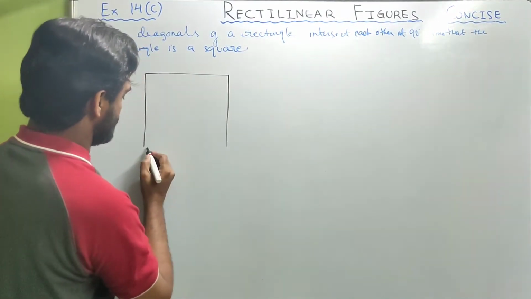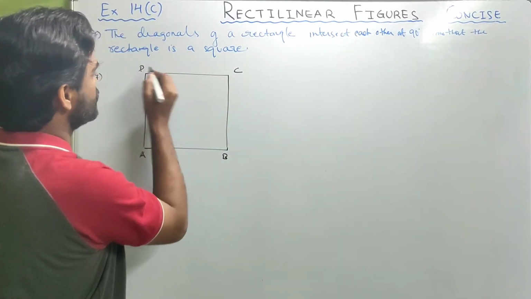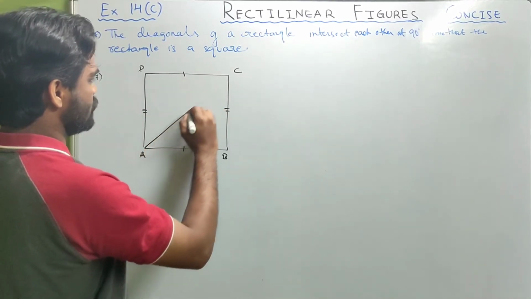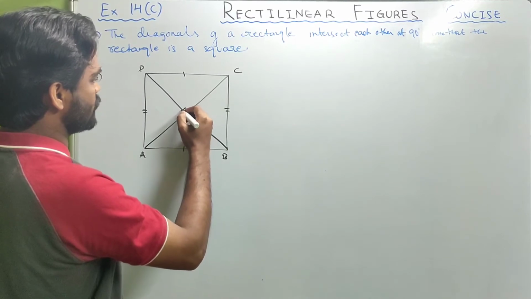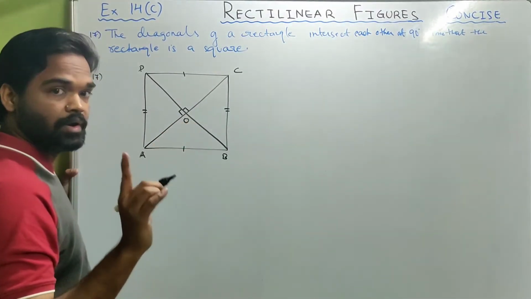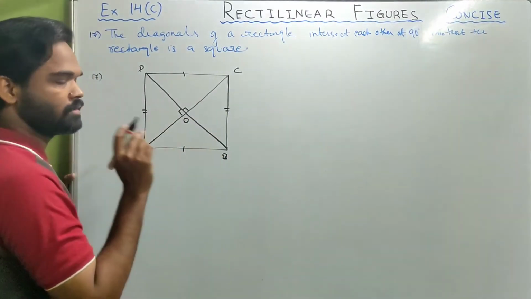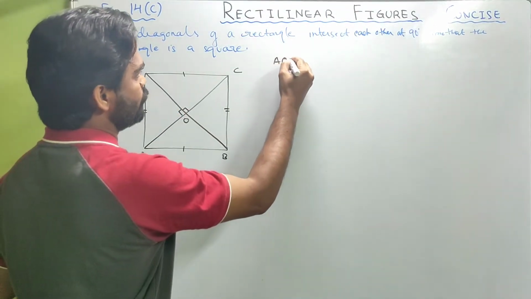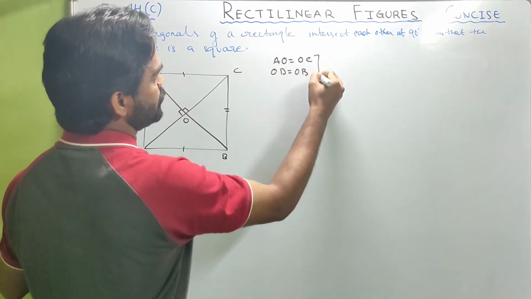They have given that in this rectangle, suppose ABCD, of course, these sides are equal. The diagonals intersect each other at 90 degrees. Now, one thing we know is that in a rectangle, the diagonals bisect each other, which means AO will be equal to OC and OD will be equal to OB.